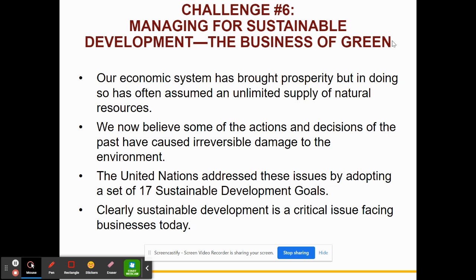So we have to be able to pivot and shift as the supply of natural resources is lowered or becomes too expensive to use. We have to pivot to more sustainable means of development and transportation to get our products from point A to point B.